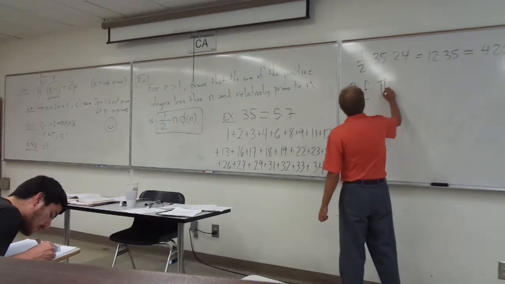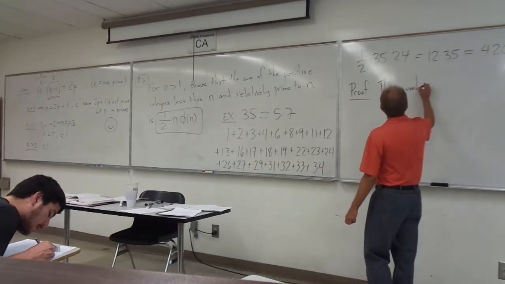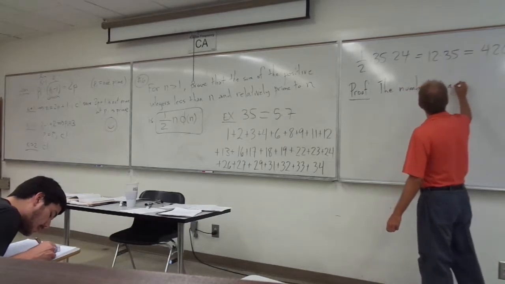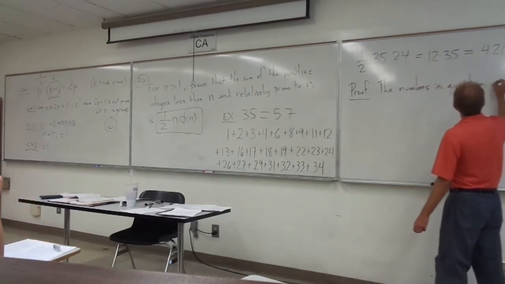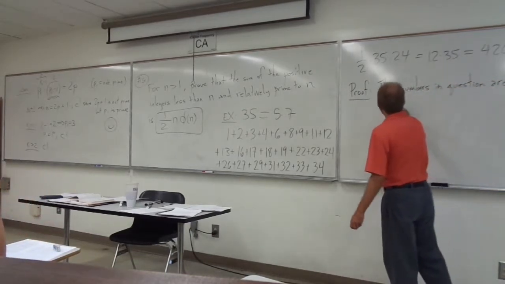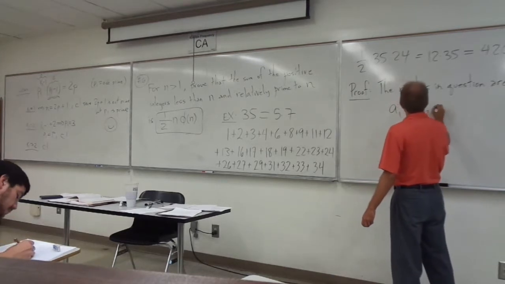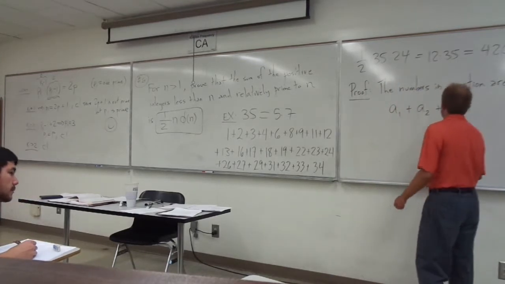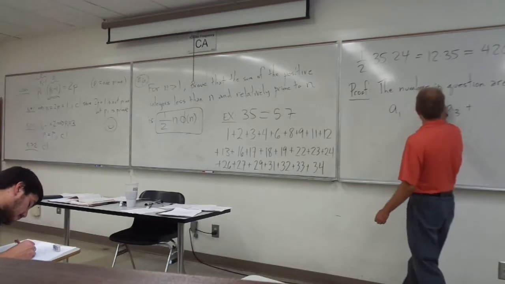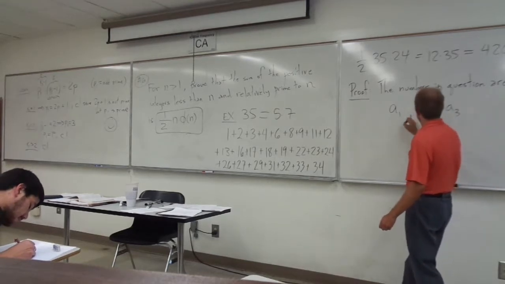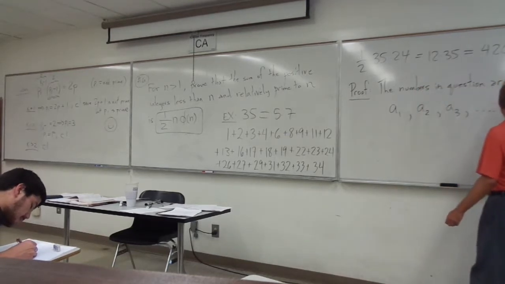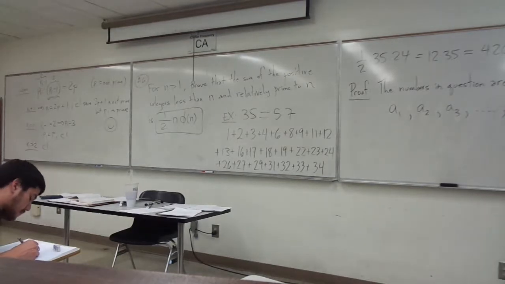So the numbers in question are A1, A2, A3. Actually, I just want to make a list. Not pluses, just commas. All the way up to, of course, the number of numbers that we are adding, which is phi of n. So there should be 24 numbers, right? So we added up 24 numbers.